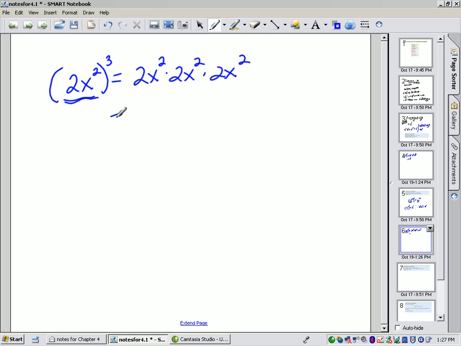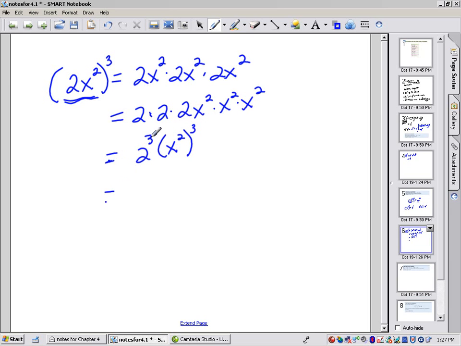And so we can regroup by the commutative property to put the numbers together and the variables together. And here we have 2 times 2 times 2, that's really 2 to the 3rd, right? x squared times x squared times x squared, I'm just putting in this intermediate step, that's really x squared cubed. Because now the 2 is repeating 3 times, the x squared is repeating 3 times. In the end, our final answer would be 8x to the 6th.